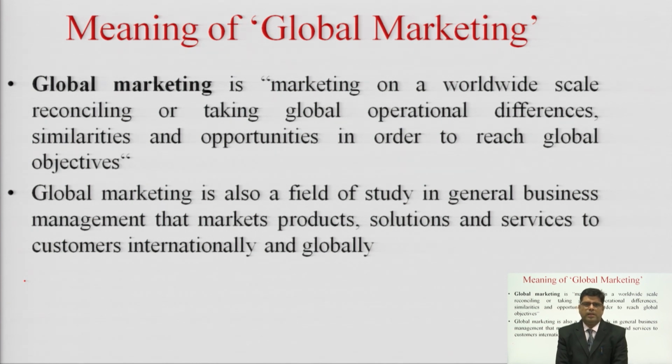Now, when marketing is done on a larger scale, when it moves beyond the parent country or the home country and spreads across the globe, it is called global marketing. Global marketing comprises two words, global as well as marketing. Marketing happens as it happens, but on a very large, or rather global, scale.